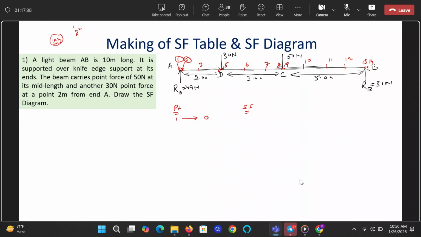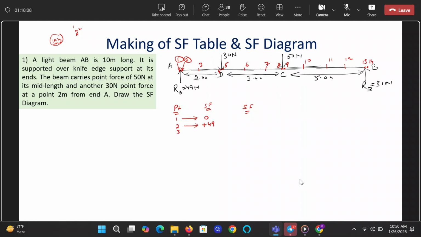So shearing force at point 1 is 0. Am I right, class? Correct, sir. Okay. What is the shearing force at point 2? Just uncover, go up to 2, see what are the forces to the left of point 2. 49 plus 49 plus 49. Correct? This is the shearing force then. Does everybody agree with it? Yes, sir. Agree.